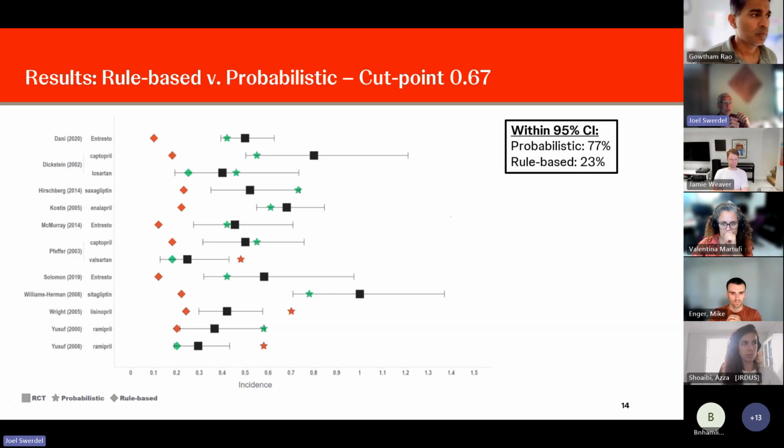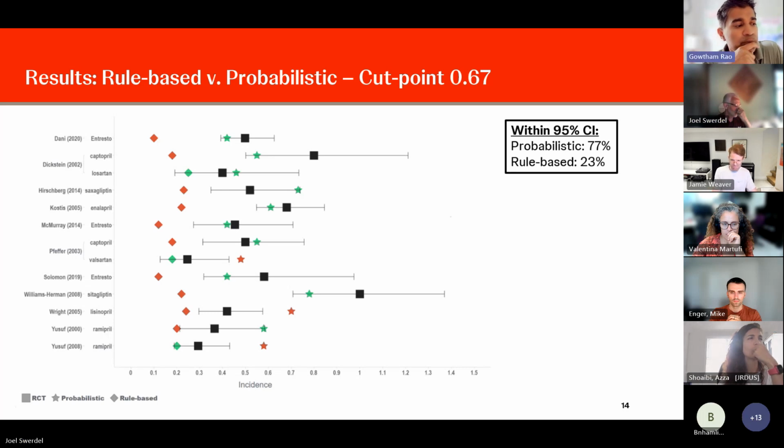What we found was that for probabilistic phenotypes, 77% of the results from the average across the 5 databases fell within the 95% confidence interval, whereas only 23% of the rule-based averages fell within it. So in this case, angioedema seems to be underreported relative to the clinical trial results and relative to the rule-based results. I'm sorry, the probabilistic results.